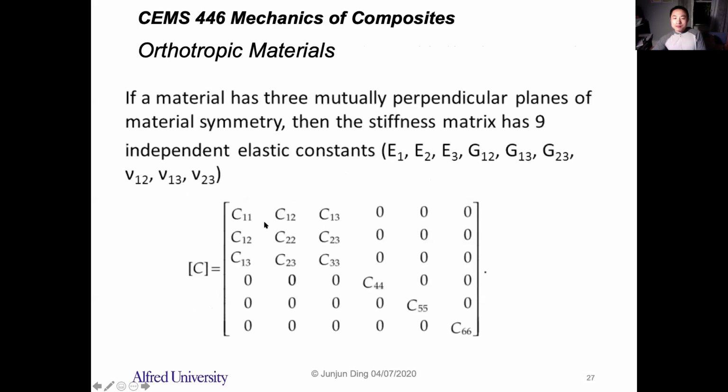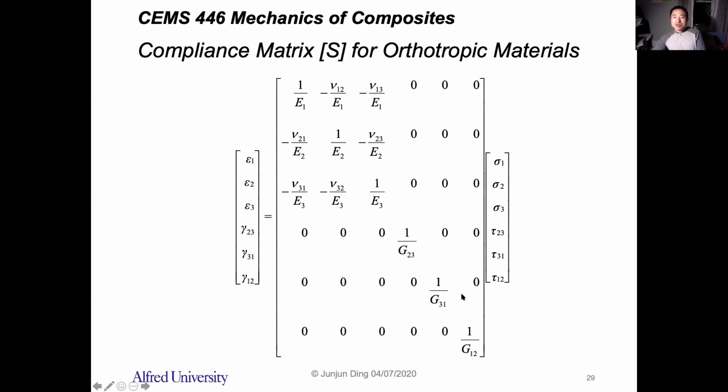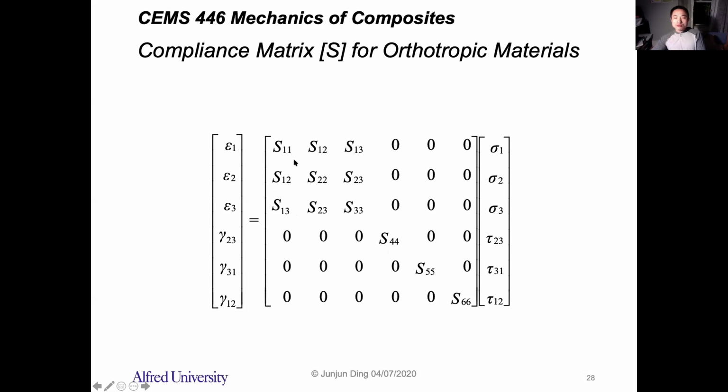So the compliance matrix is also expressed in a similar way. And if you try to calculate S11, S12, S13, you can simply expand it, right?